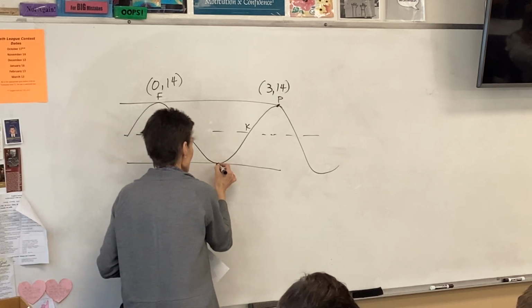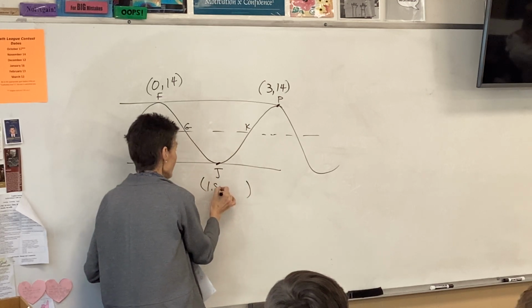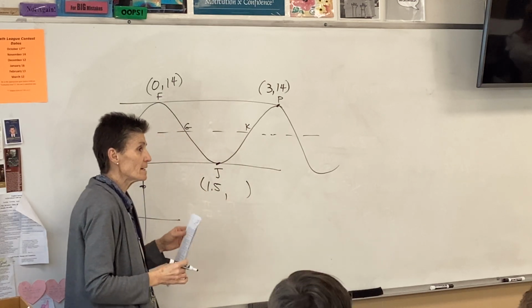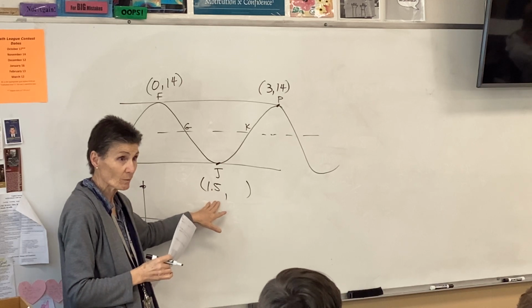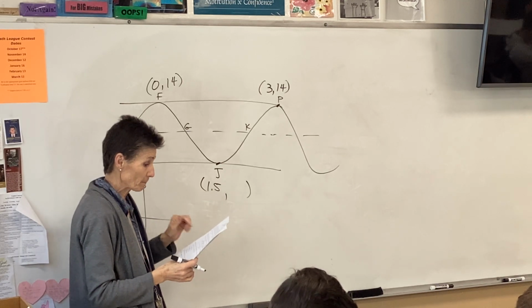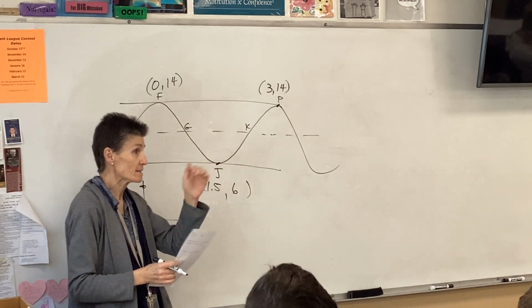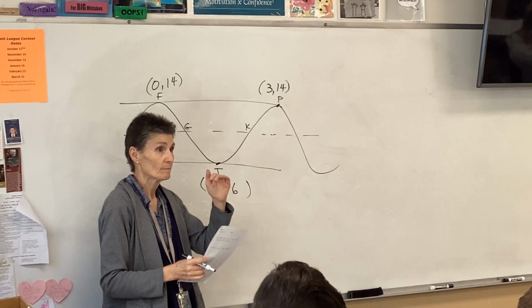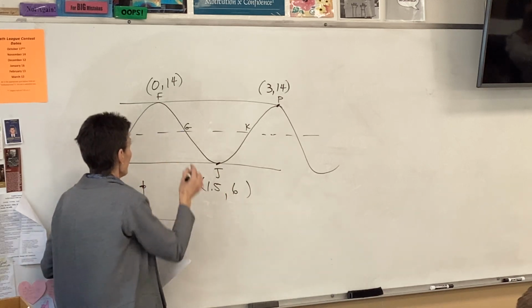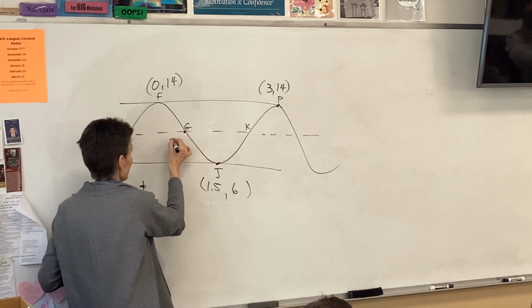Well, what does that make this one then? At least, what does it make this x? 1.5. Now that would be the closest the merry-go-round is to the bush. So that would be what? 6. And you know it's 6 because the radius of the merry-go-round is 4. Okay. All right. Well, what about this guy? He's going to be halfway in between, so that would be 0.75.